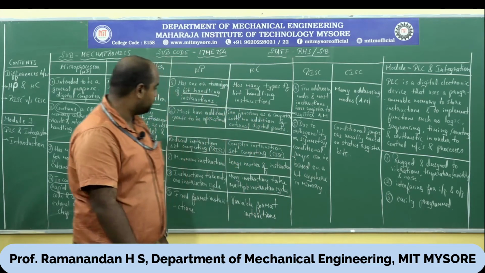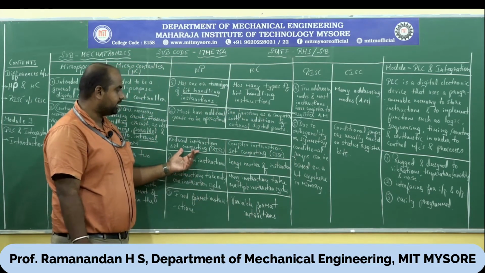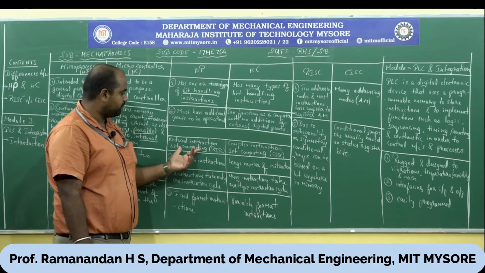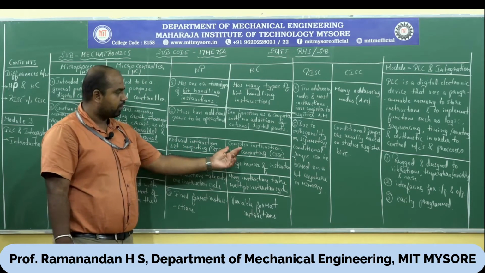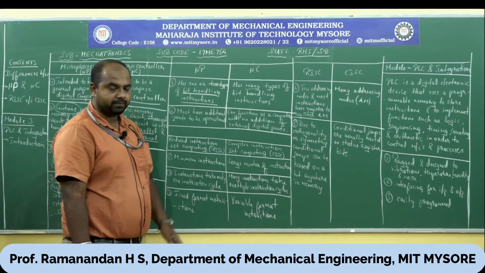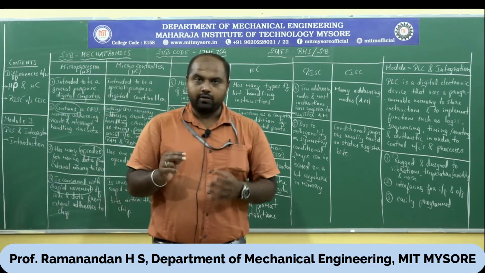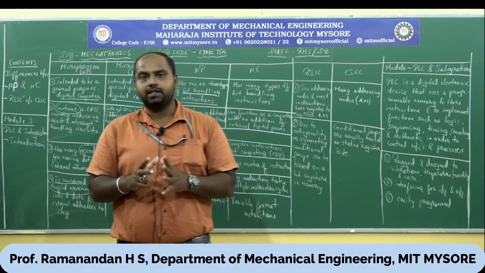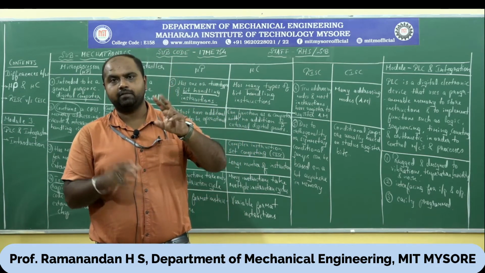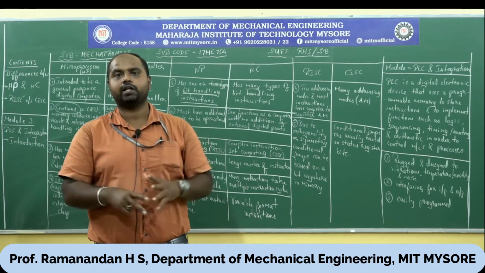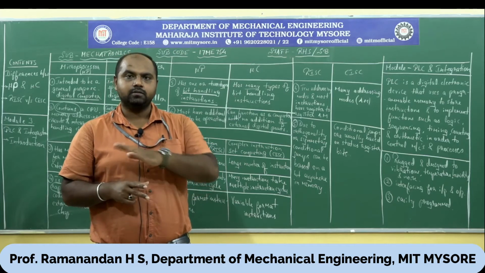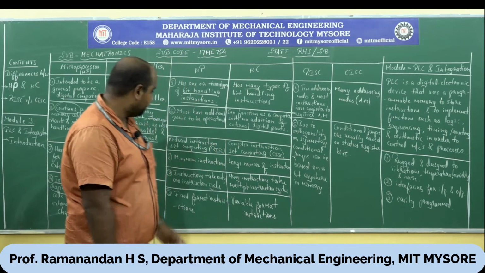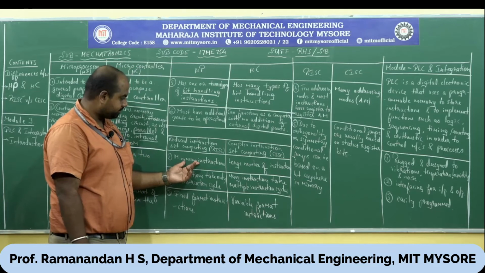Next, the differences between RISC and CISC. I told you reduced instruction set computing and complex instruction set computing. I already mentioned these are two different types of microprocessor architectural design.